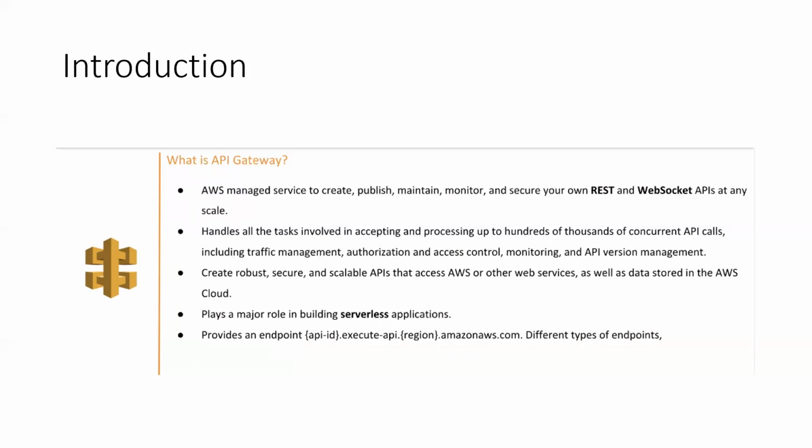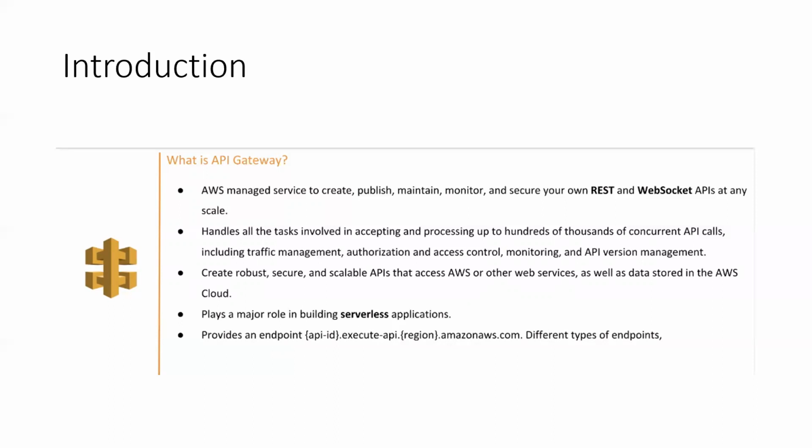Both of them work on HTTP, but in SOAP you have an additional SOAP protocol. Mostly these days we use REST APIs only; I don't see too much usage of SOAP. AWS gives you the facility to create, maintain, publish, and monitor your own APIs, either REST, SOAP, or WebSocket APIs.